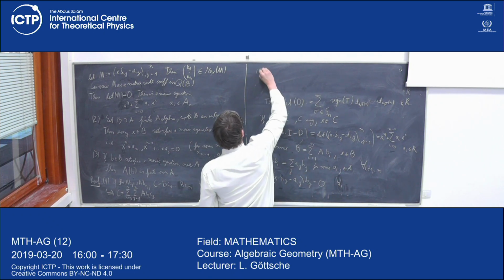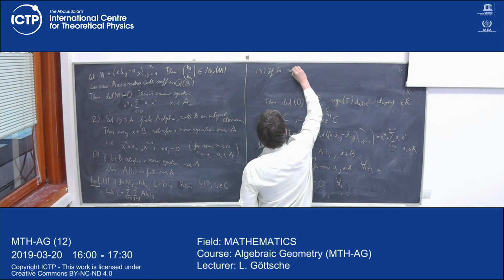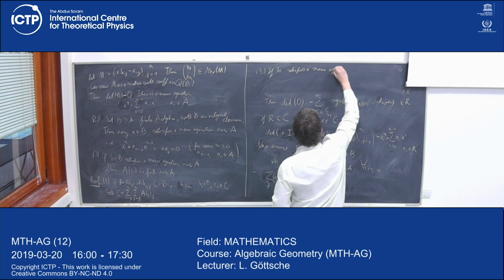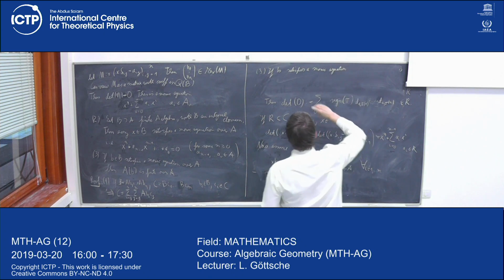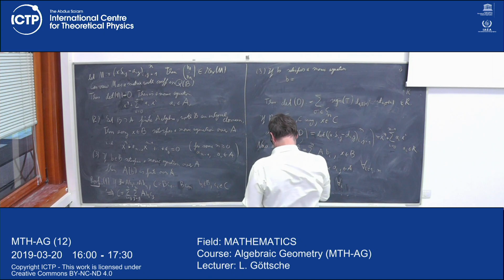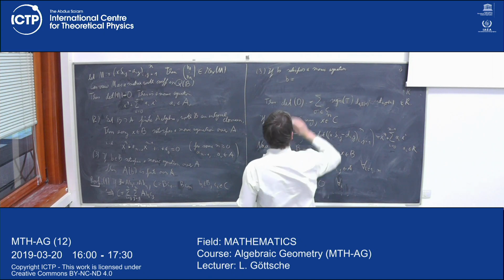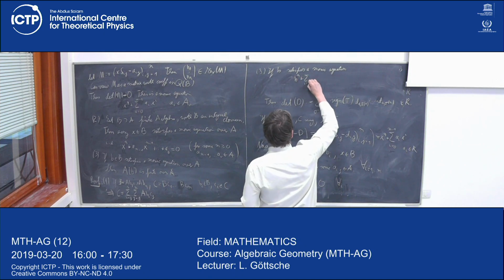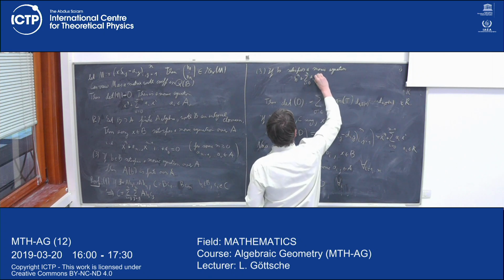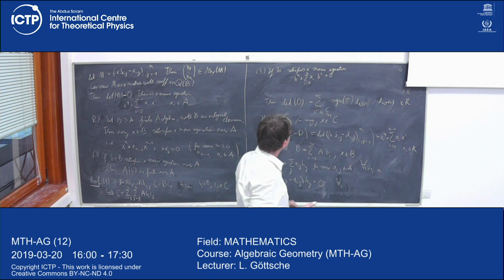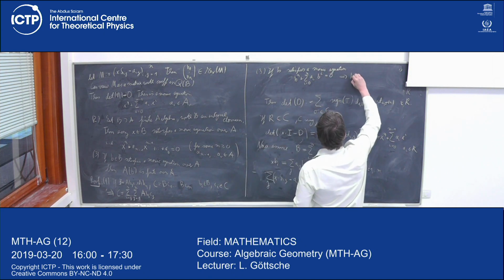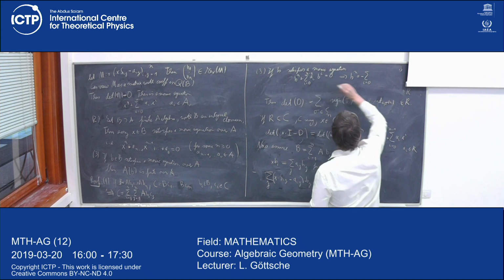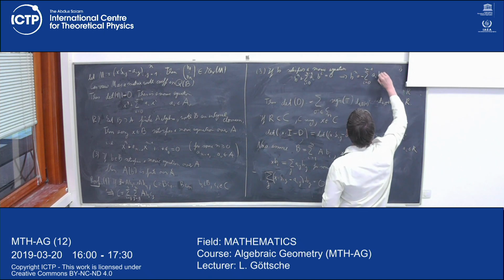So if b satisfies a monic equation, b to the n plus the sum over i equals 0 to n minus 1 of a_i b^i is equal to 0, then it follows obviously that b to the n is equal to minus the sum over i equals 0 to n minus 1 of a_i b^i.